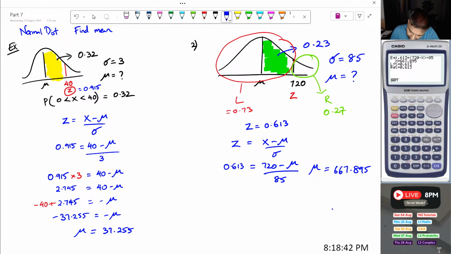If I cross multiply here, 0.613 times 85 equals 720 take away mu.